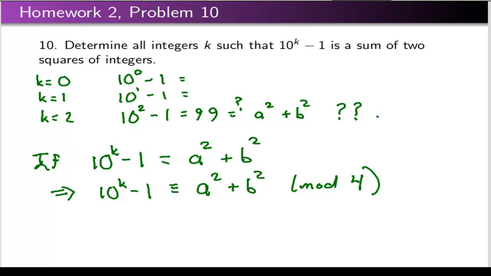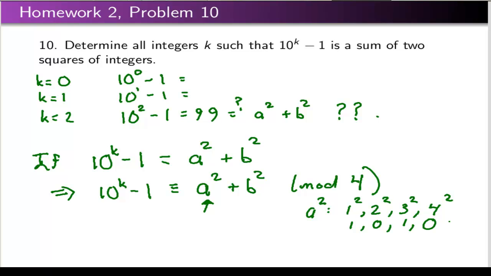So if we tried mod 4, for instance, how is this possible? What value is every square mod 4? So a squared mod 4. Well, we have 1 squared, 2 squared, 3 squared, and 4 squared. This is 1, 0, 1, 0 mod 4.